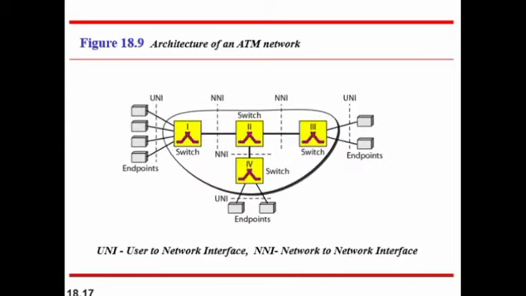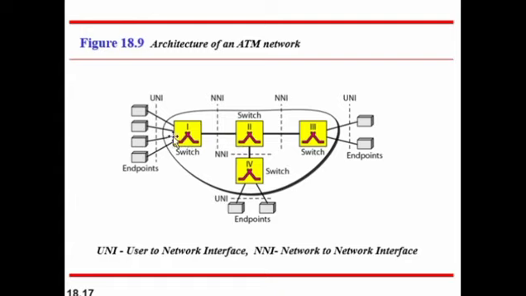Here you can see some endpoints, user to network, network to network, and some switches. You can see two interfaces here: the user to network interface and the network to network interface. So this is the user, and if it is connected to the switch, this is the user to network interface. And if two switches or devices are connected with each other, the connection is the network to network interface, right?